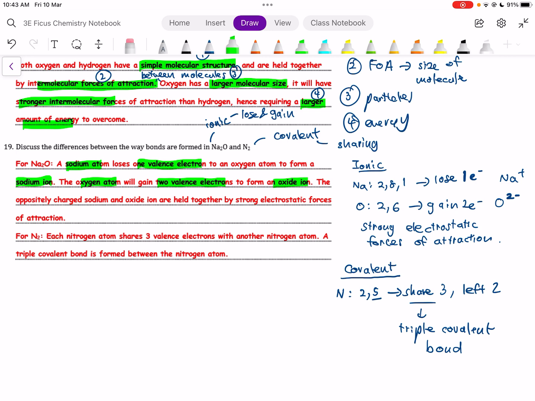Between the oppositely charged sodium and oxide ions, they are now held by strong electrostatic forces of attraction, FOA. Then in the covalent bonding, the nitrogen atoms share 3 electrons and form a triple covalent bond. So that's how I structure this question 19.